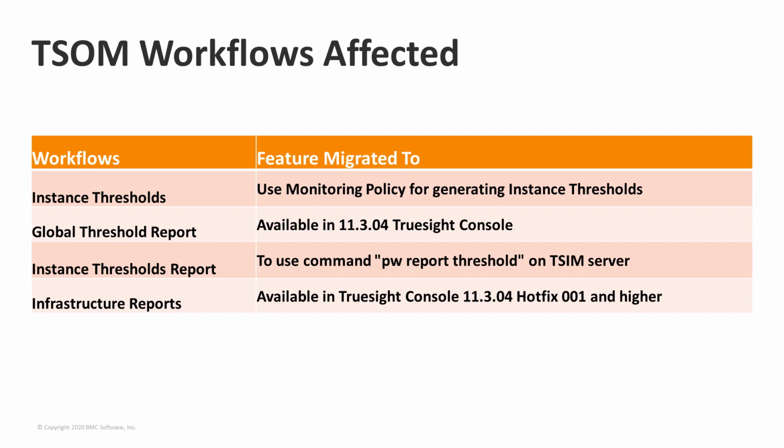Clicking on Global Thresholds on top right, you will have an option to export the report of all enabled globals in the application. Then instance threshold reports can be pulled using command pw report threshold from TSIM server. Infrastructure reports have been moved to TrueSight console. For this, you need to apply the latest hotfix available in 11.3.04 version.